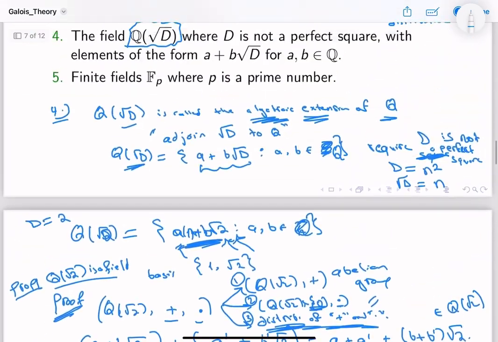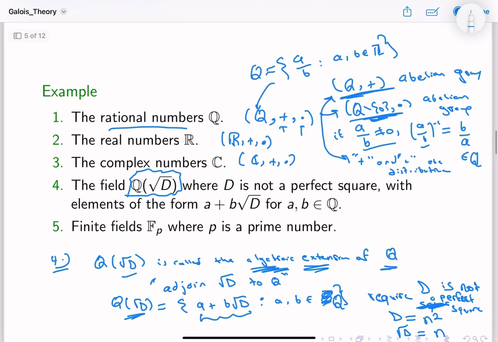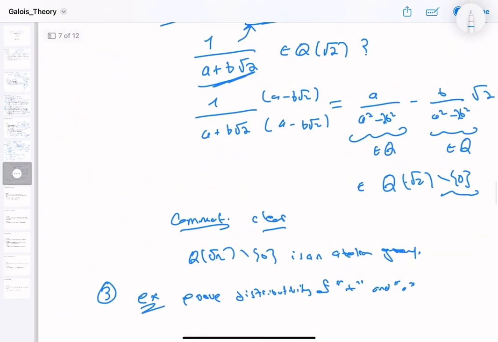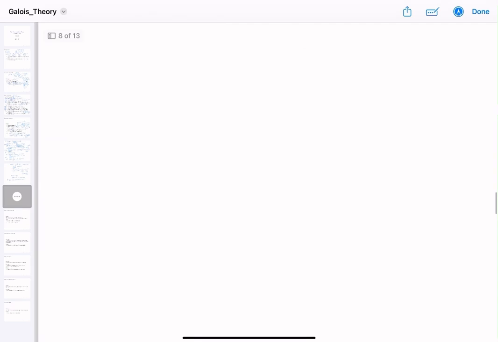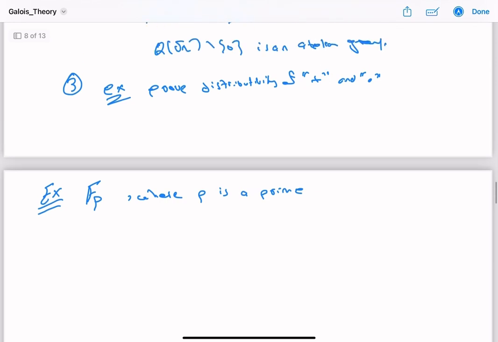The other important example of a field that I want to mention for you is the so-called F_p, where p is a prime. Let me just mention this real quick too. So this is the other example, F_p, where p is a prime. I remind you that by F_p, what we mean is Z modulo pZ, right?